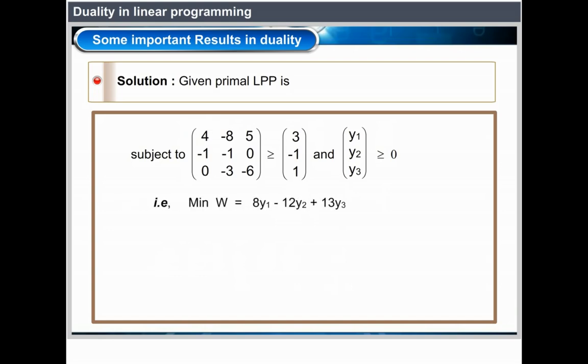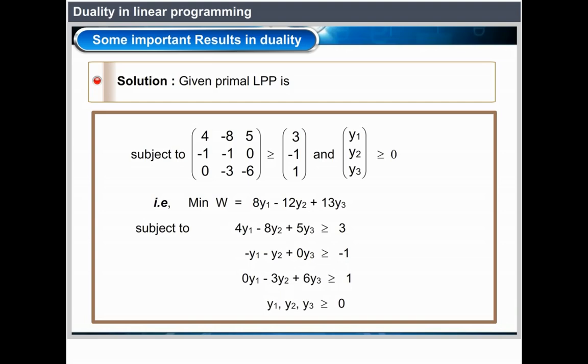That is, minimize w equal to 8y1 minus 12y2 plus 13y3 subject to 4y1 minus 8y2 plus 5y3 greater than or equal to 3, minus y1 minus y2 plus 0y3 greater than or equal to minus 1, 0y1 minus 3y2 minus 6y3 greater than or equal to 1 and y1, y2, y3 greater than or equal to 0.